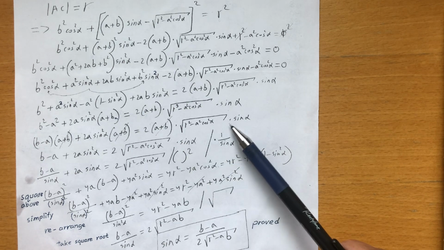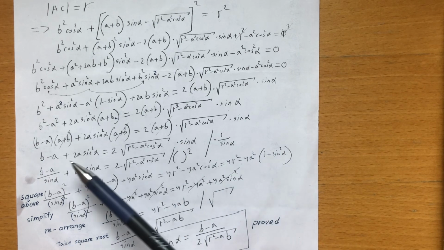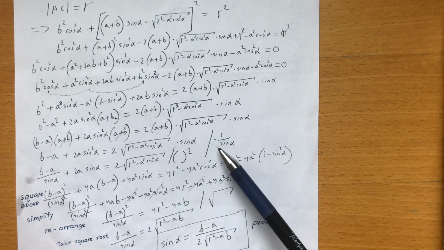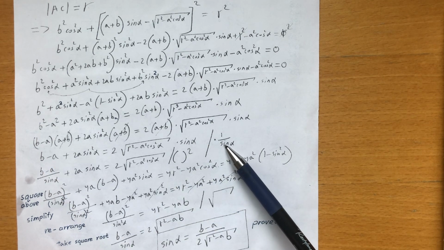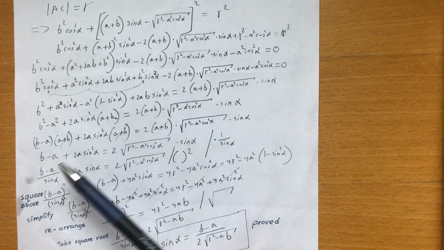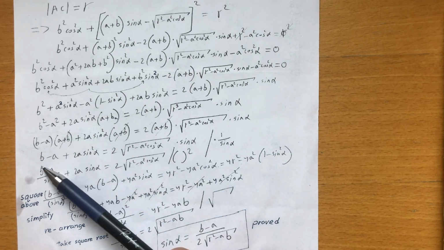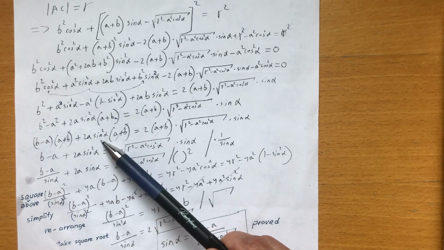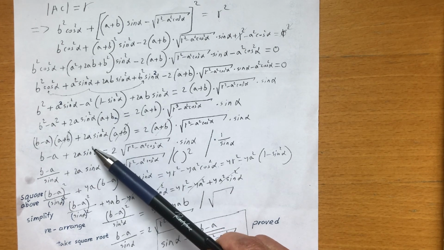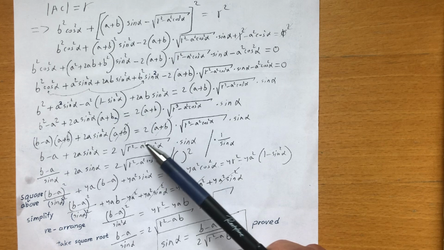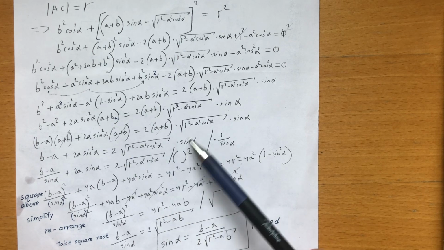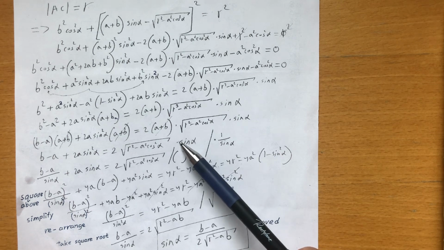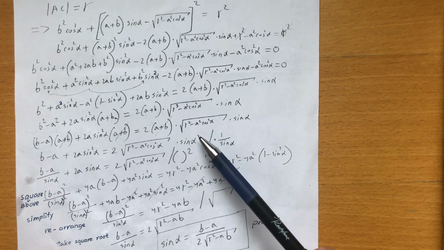Now his writing here means you divide this line by sine alpha. So this divided by sine alpha, and this divided by sine alpha, the square becomes just power 1, and you get this. Sine alpha disappears.